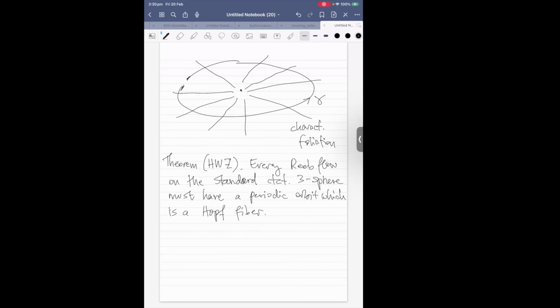And so the minimal structure is conjecturally more than this.